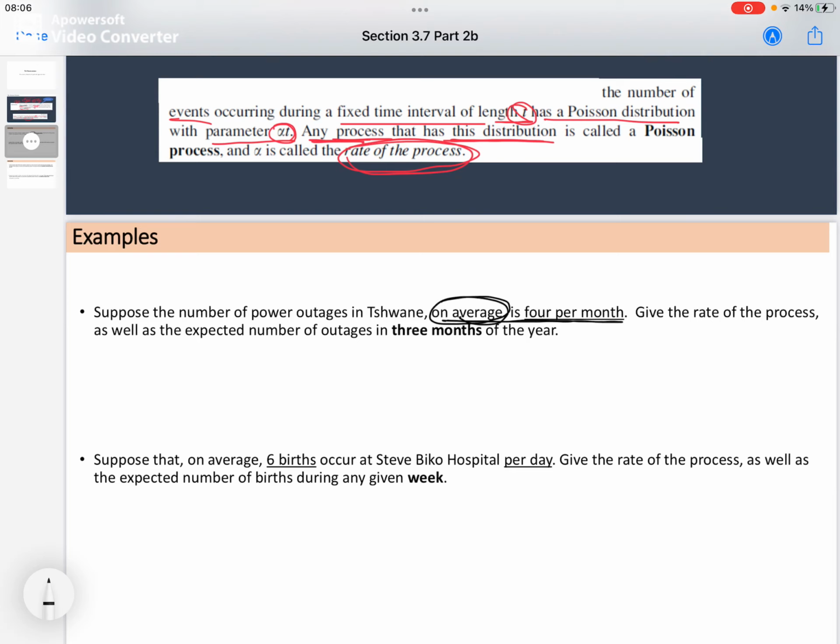If we tell you that on average we have 4 outages per month, essentially we're telling you that if we define random variable x as the number of outages per month, then the expected value of x, which is lambda, is equal to 4, since they said on average we have 4 per month.